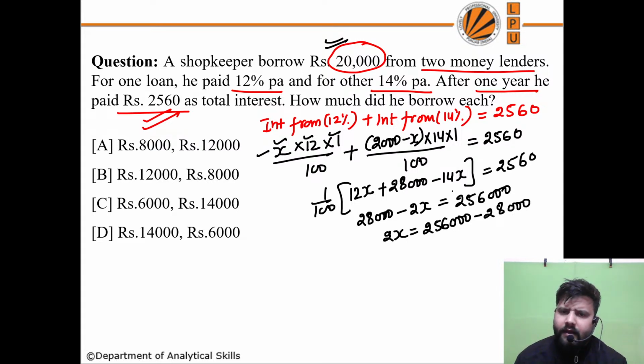Oh yeah, it should be 20,000 instead of 2,000. That was the error.